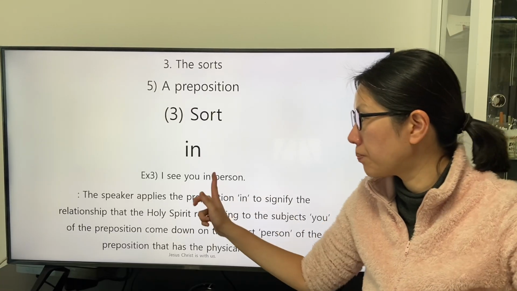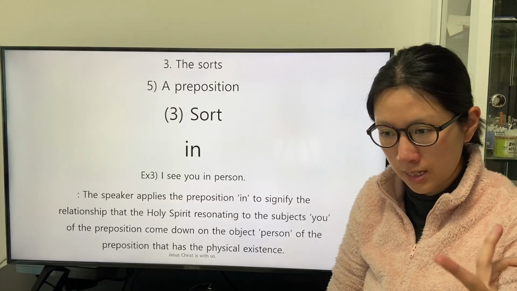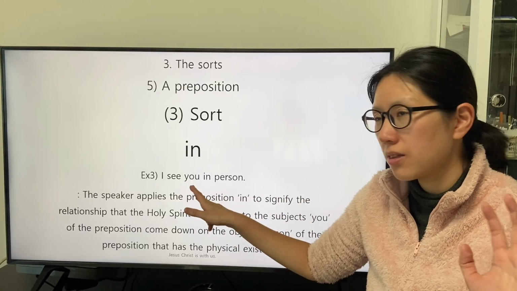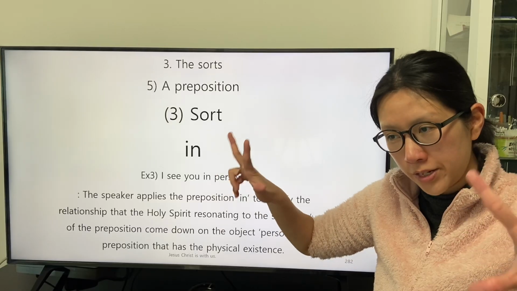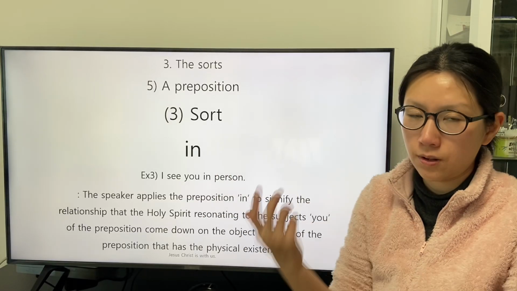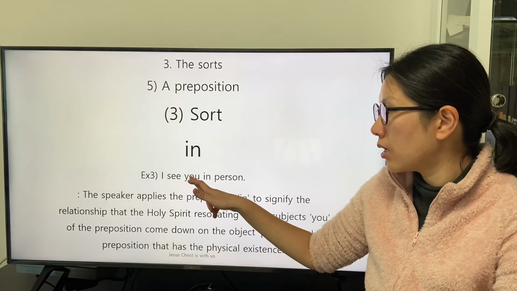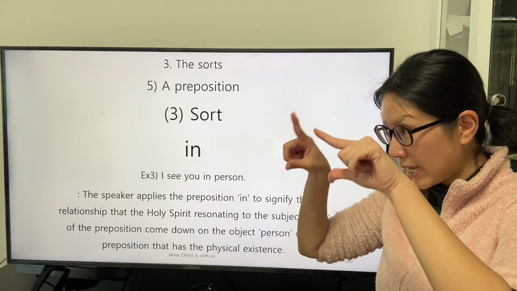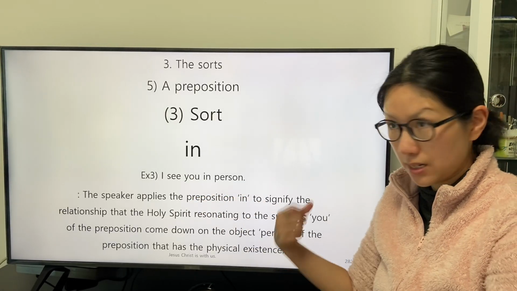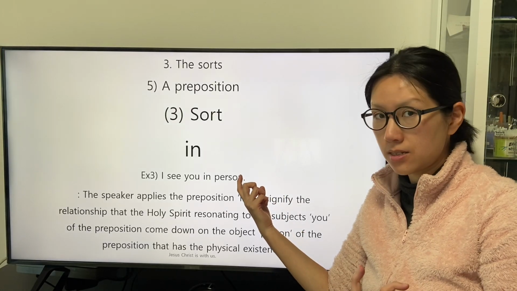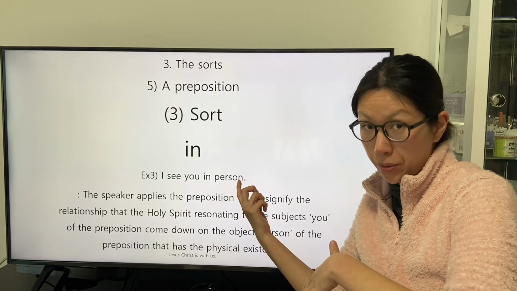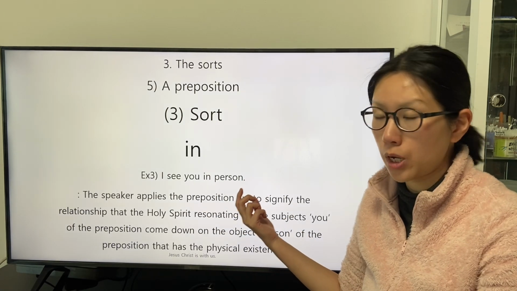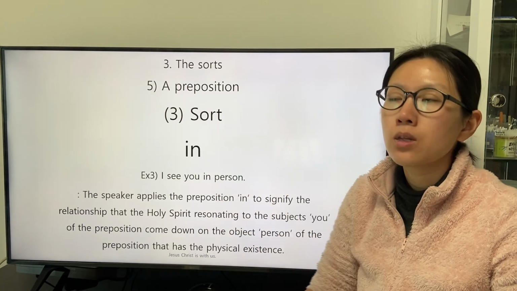In this clause, the preposition in is applied to describe the spiritual existences of the listeners included in the tangible object that is a person, that is indicated by the general noun, person.